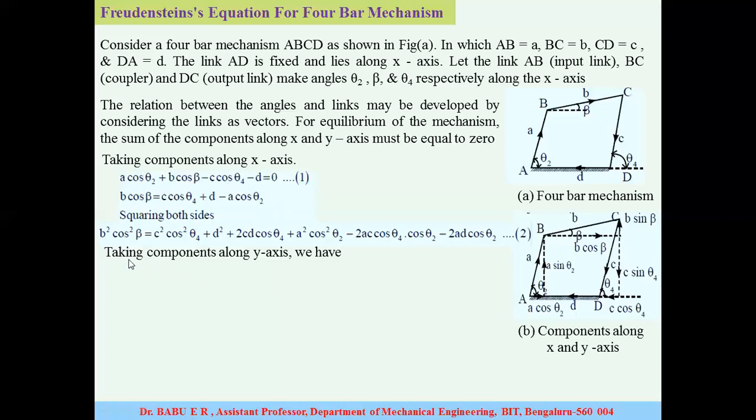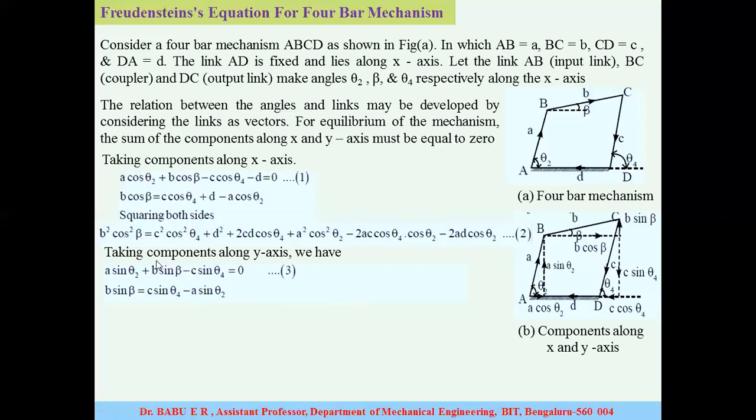Now take the components along the y-axis. Which are the y components? That is a sin theta 2, b sin beta, and c sin theta 4. Just see the directions. a sin theta 2 is acting along the y direction, so it is positive. b sin beta is also acting along the y direction, so it is positive. c sin theta 4 is acting downward, opposite to the y direction, so it is negative, and the sum equals 0.